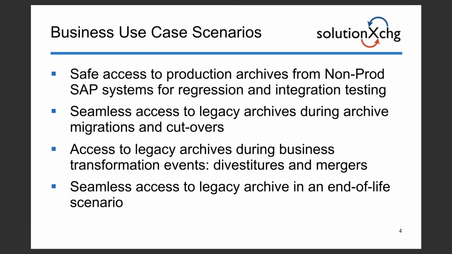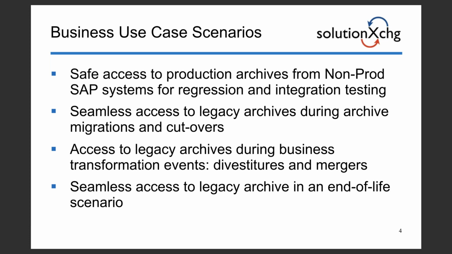The business cases are not only avoiding the 404 errors, but it allows safe access to production archives from non-production SAP systems for regression and integration testing. It allows seamless access to legacy archives during an archive migration or any other cutover scenarios.